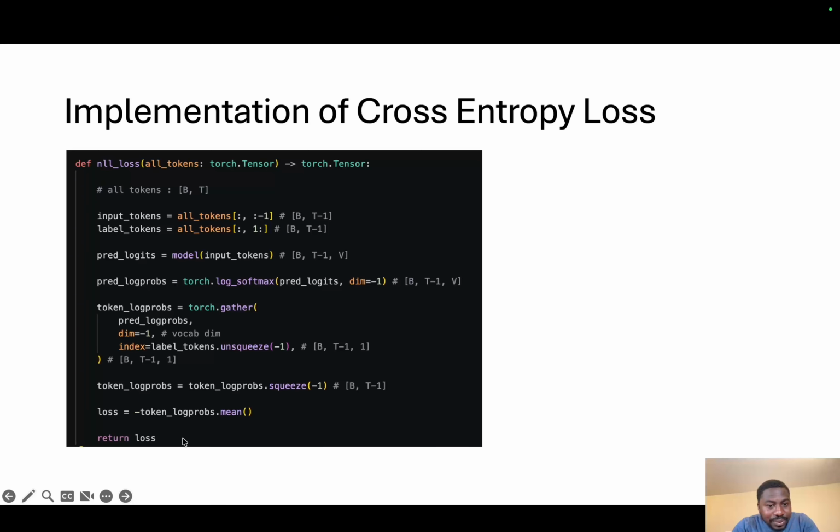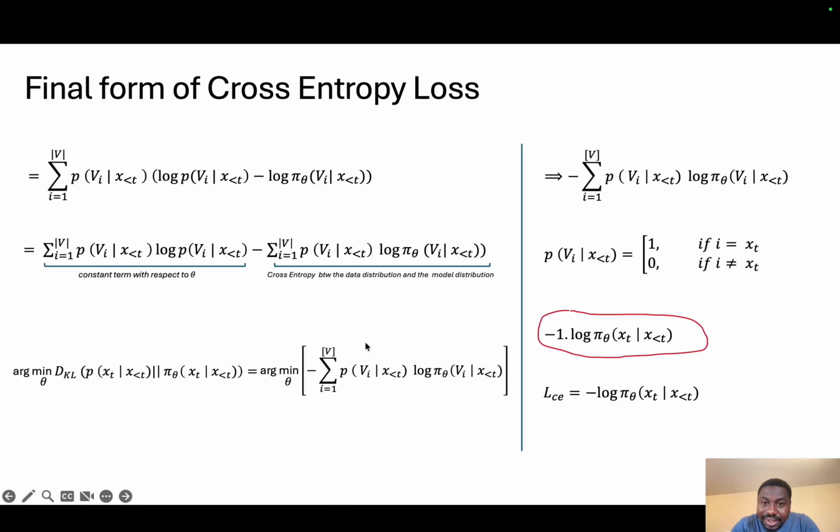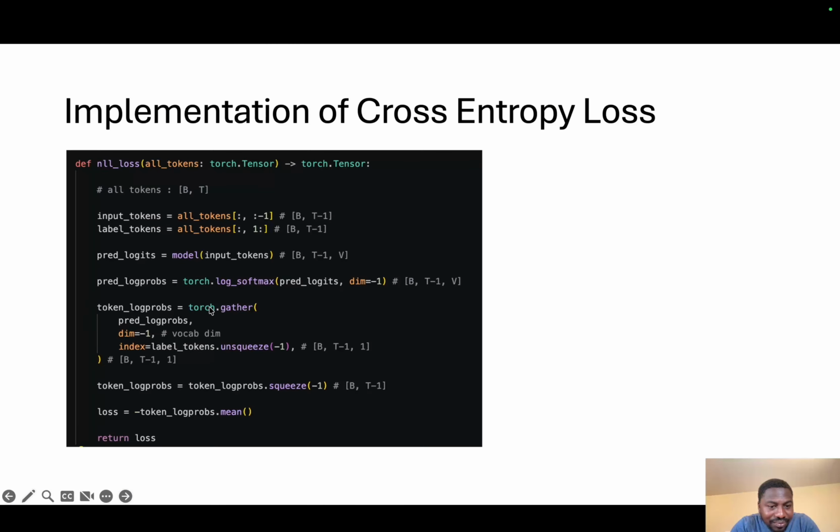And what you then do is, in this case, we have batch size by T minus 1 by the vocabulary. Let's remember we are only interested in the actual next token because all the others didn't occur in the data. So to do this, what we typically do is a torch.gather where we put in these predicted log probabilities, and at the last position, which is the vocabulary position, we just retrieve only the actual next tokens from the data.